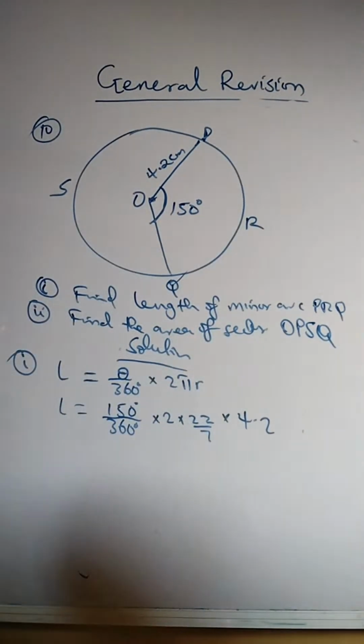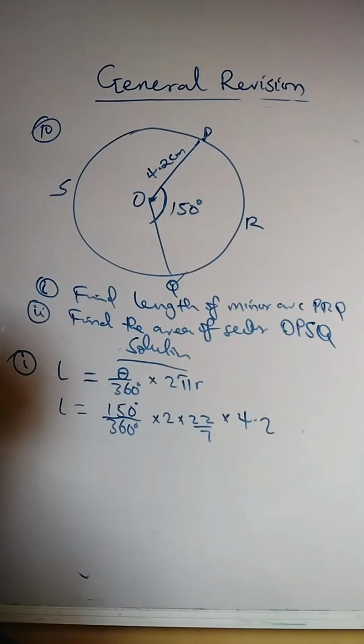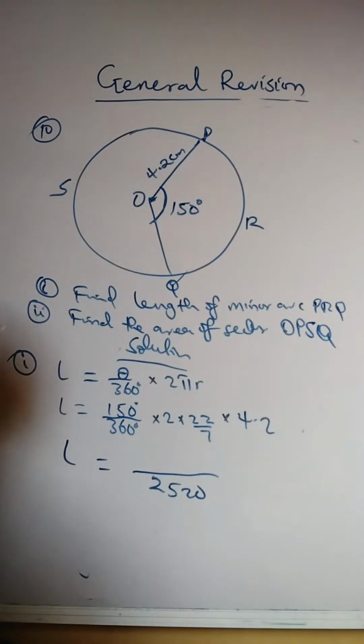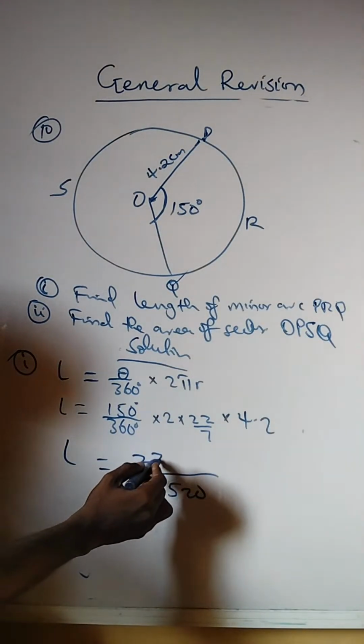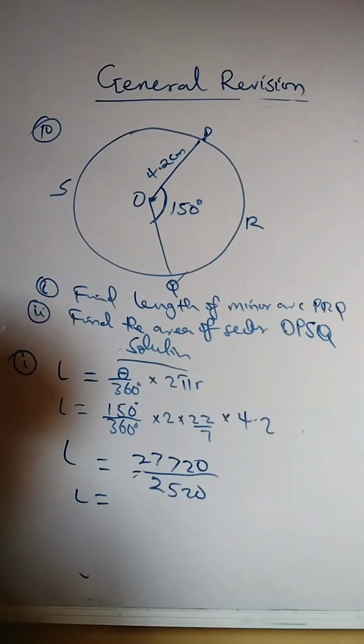And when you multiply and divide this, we have L equals to 150 times 2 times 22 times 4.2, which is 27,720, divided by 2,520.